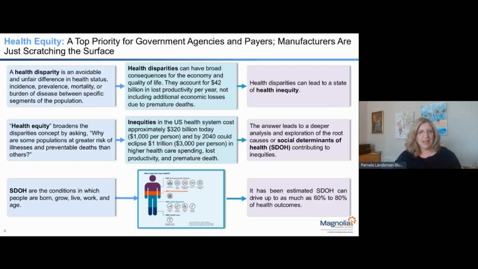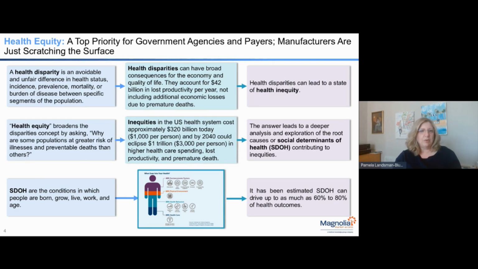So let's get into it. Just some level setting. You'll hear a lot of terms: health disparity, health equity, social determinants of health. How do they all fit together? On this slide, I try to explain the flow.